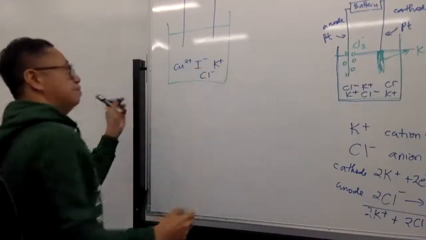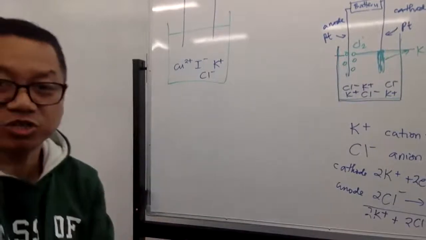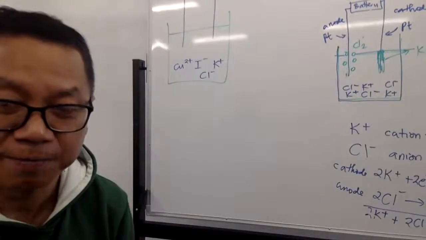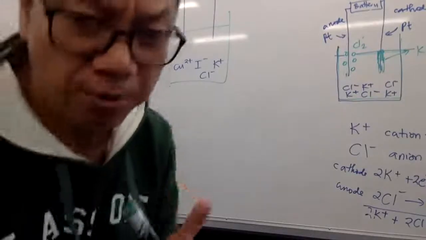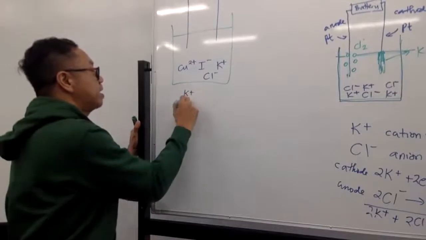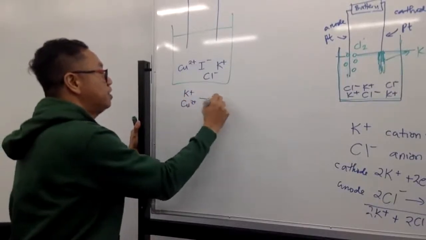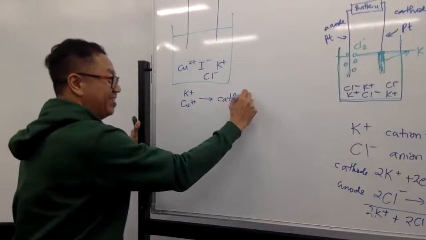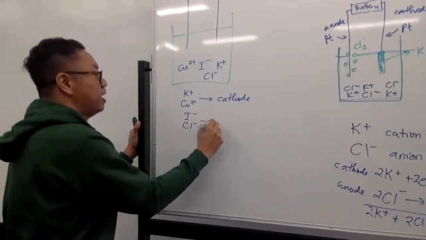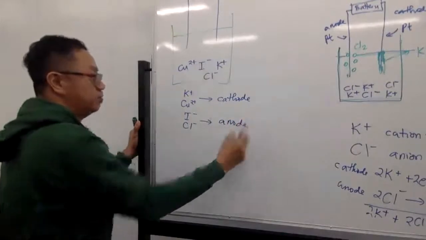So I have a mixture of copper iodide and potassium chloride here. Now, like I told you before, the cations, K plus and copper 2 plus, will go to the cathode. And the iodide and the chloride will be attracted to the anode.